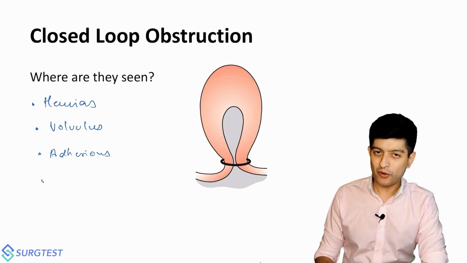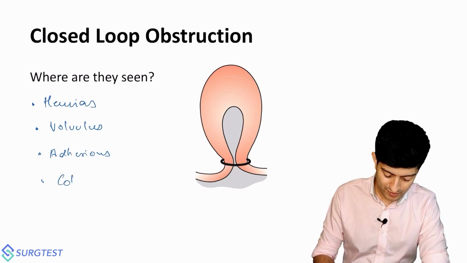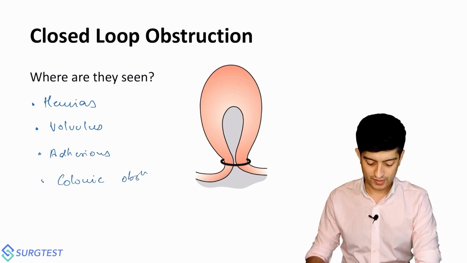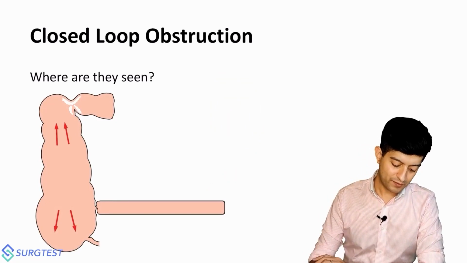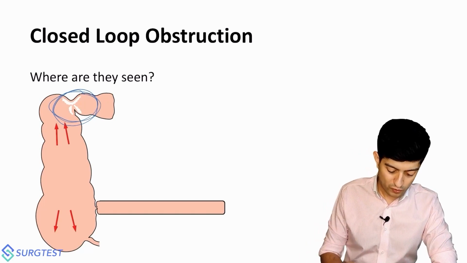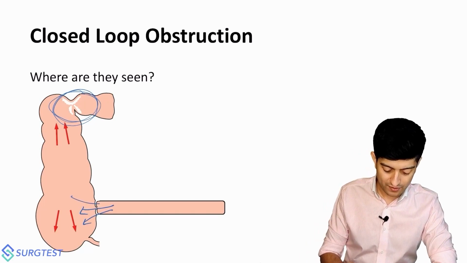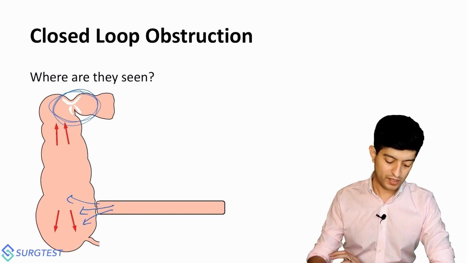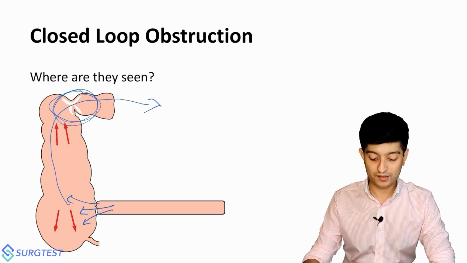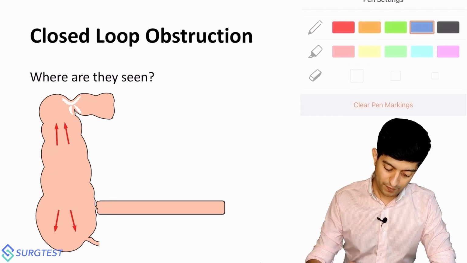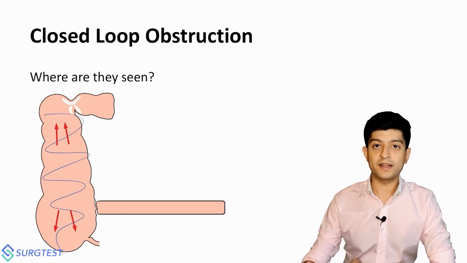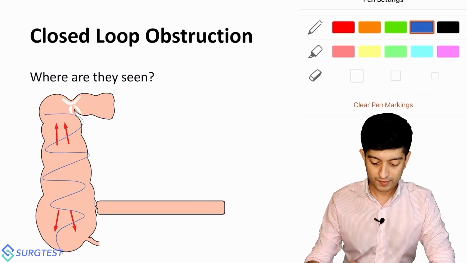And slightly more infrequently, certain colonic obstructions can function as a closed loop obstruction. Let's see how. In this diagram, you have an obstruction close to the hepatic flexure. You can notice that all the luminal contents from the IC valve are finding their way into the cecum and into the ascending colon, but they are not able to make their way into the transverse colon as a result of the pathology that is causing the obstruction. Over a period of time, this entire segment on screen will undergo significant dilatation and the intraluminal pressures are going to increase.